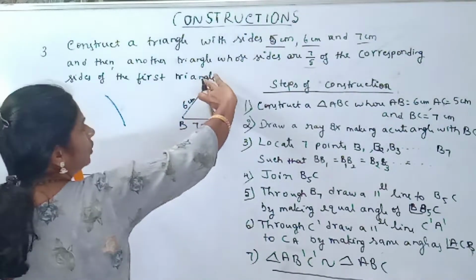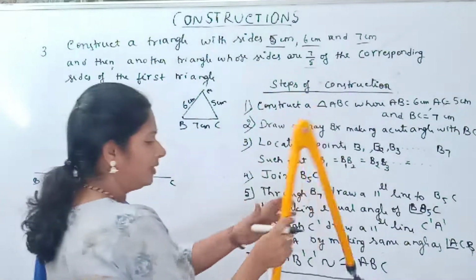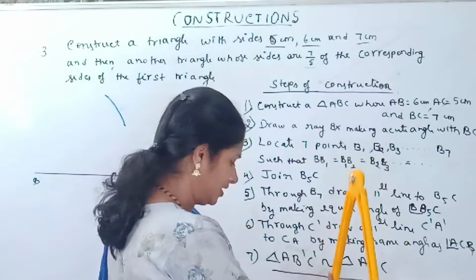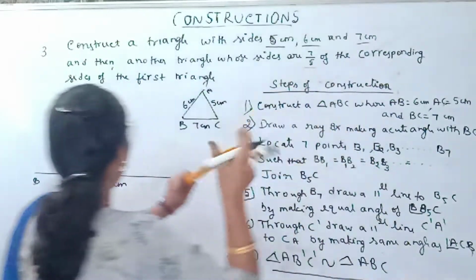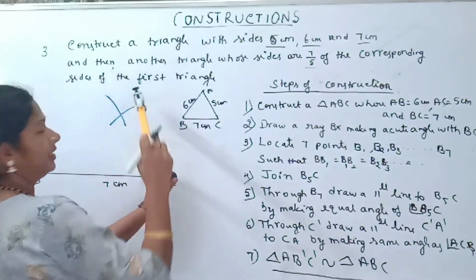Then we have to construct side AC is equal to 5 cm. Change the measurement and take AC as 5 cm. Then keep your compass on point C and cut that arc.